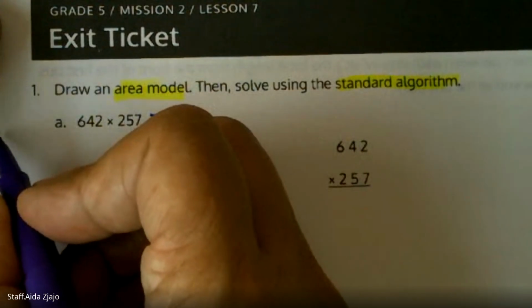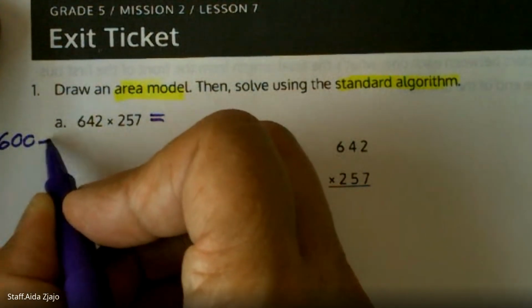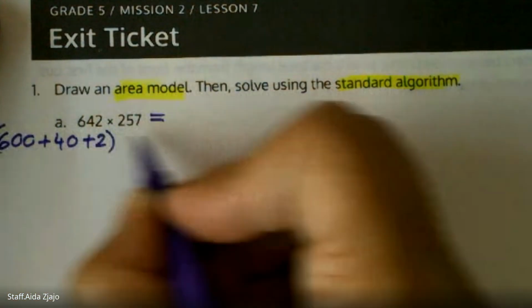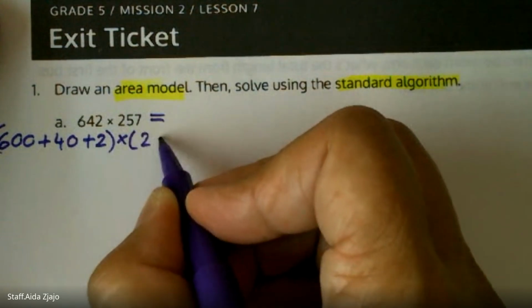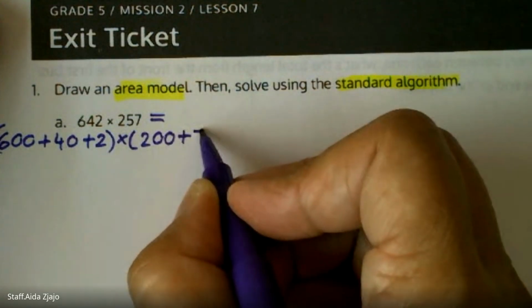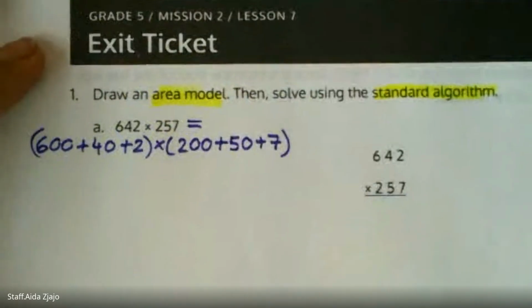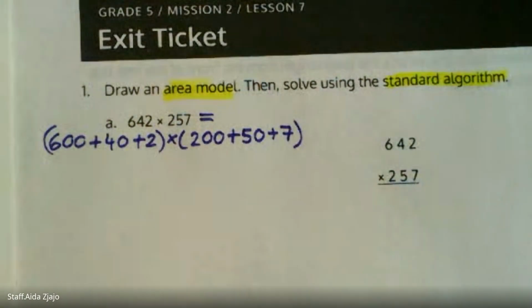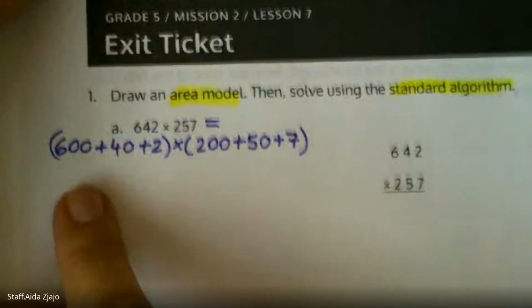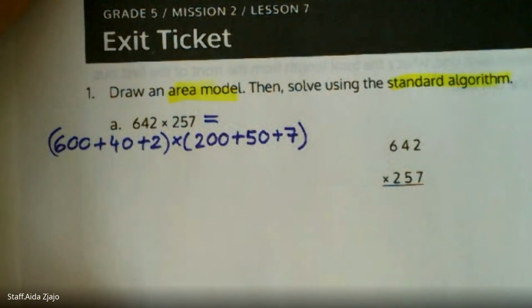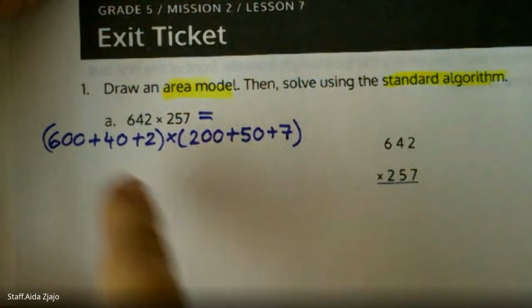So I'm going to do 600 plus 40 plus 2 times 200 plus 50 plus 7. Now you can see 3-digit by 3-digit is going to have 9 areas, because every number needs to be multiplied, which connects to the distributive property.